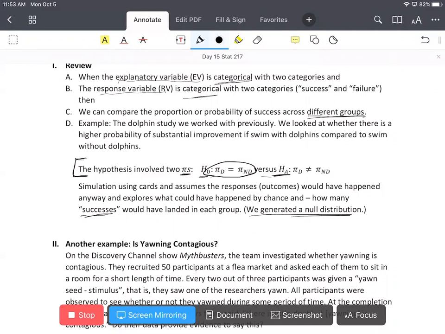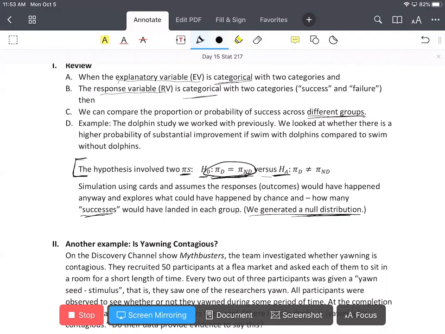In other words, nothing special is happening, it's by chance alone. So essentially, the conditions don't matter. We're not worried about what was in the study. We're just trying to figure out, given the information we have, how to generate the distribution where whatever's happening is just by random chance.